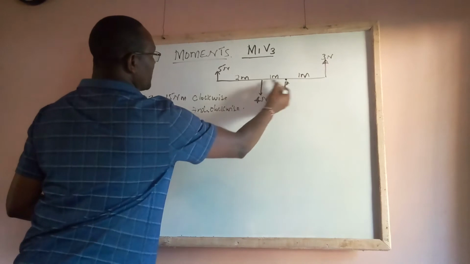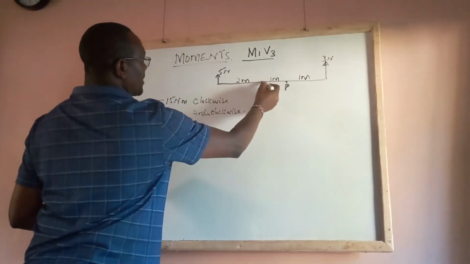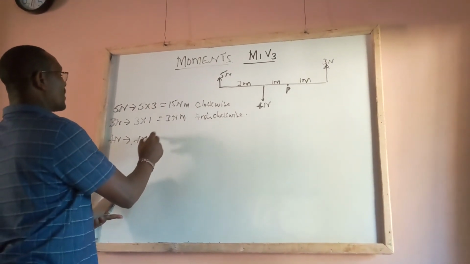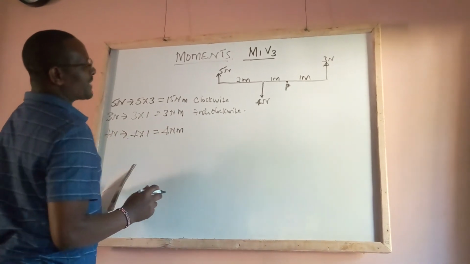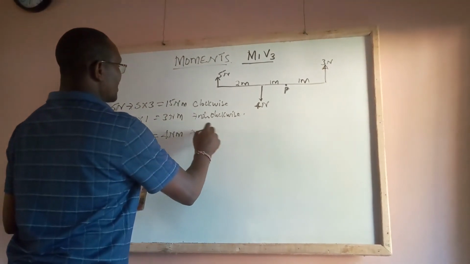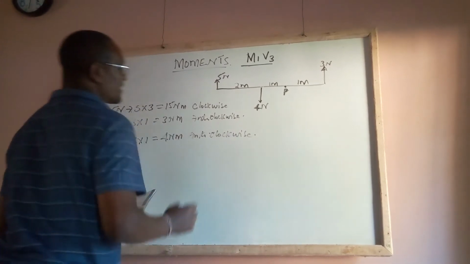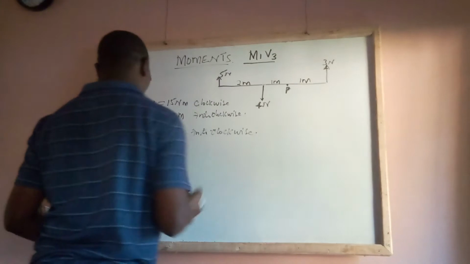From the line of force of 4 newtons to the point of rotation is just 1 meter, which is 4 times 1, giving us 4 newton meters. But what is the direction? Of course, you can see, anti-clockwise, because it will rotate that way all through.